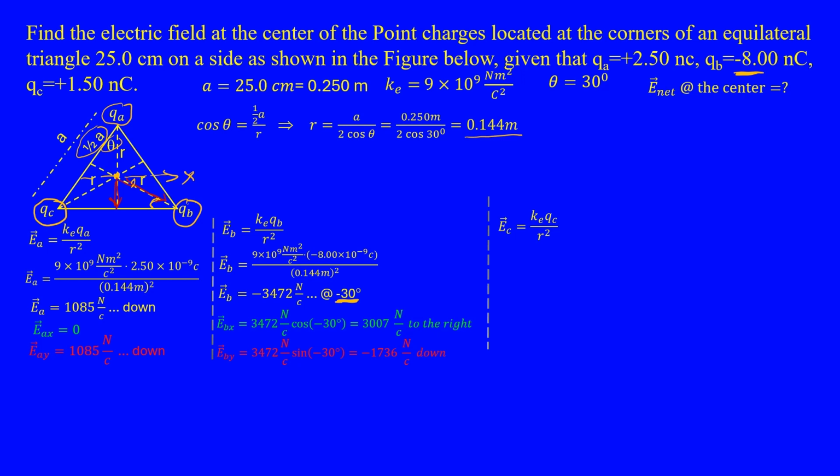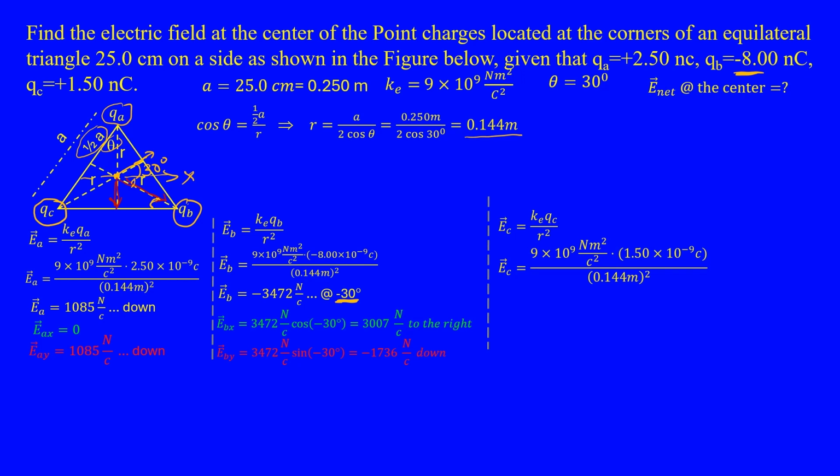First of all, because Q sub C is positive, the direction is going to be along this line, and this angle is 30 degrees. So let's plug in the numbers: 9 times 10 to the 9 newton meter squared per coulomb squared multiplied by 1.50 times 10 to the negative 9 coulomb, divided by the distance from the vertex to the center, which is 0.144 meters, squared.